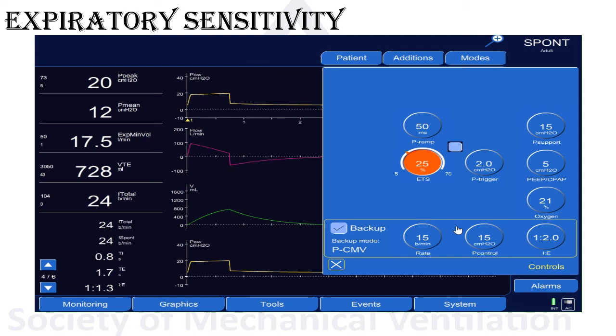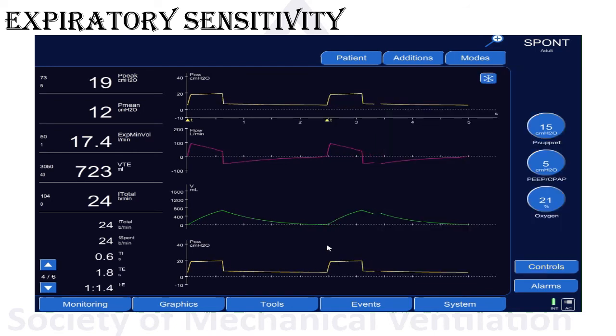So for example, in somebody with COPD where you want a prolonged expiratory phase, you want to increase this a little bit, say to 40%.